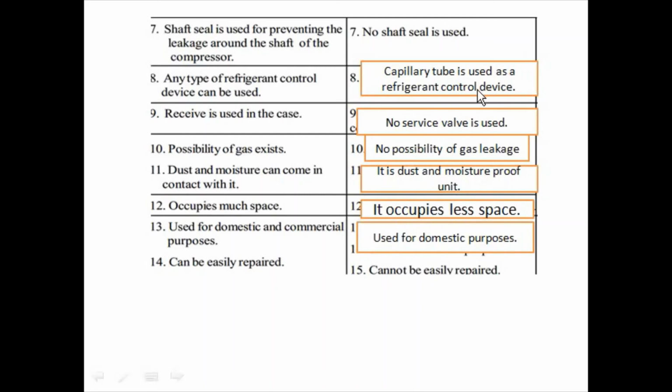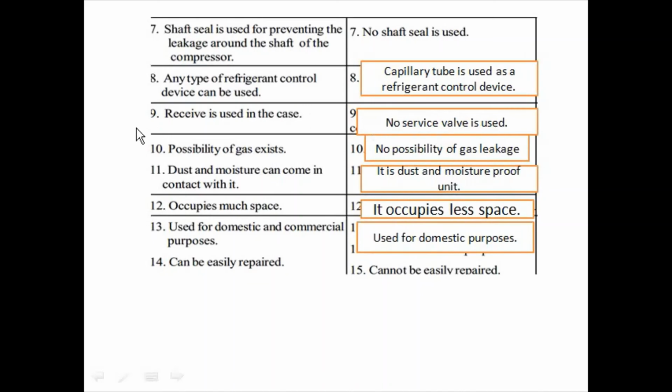Point 9. For open type, a receiver is used in this case, while for sealed unit compressor, no service valve is used.